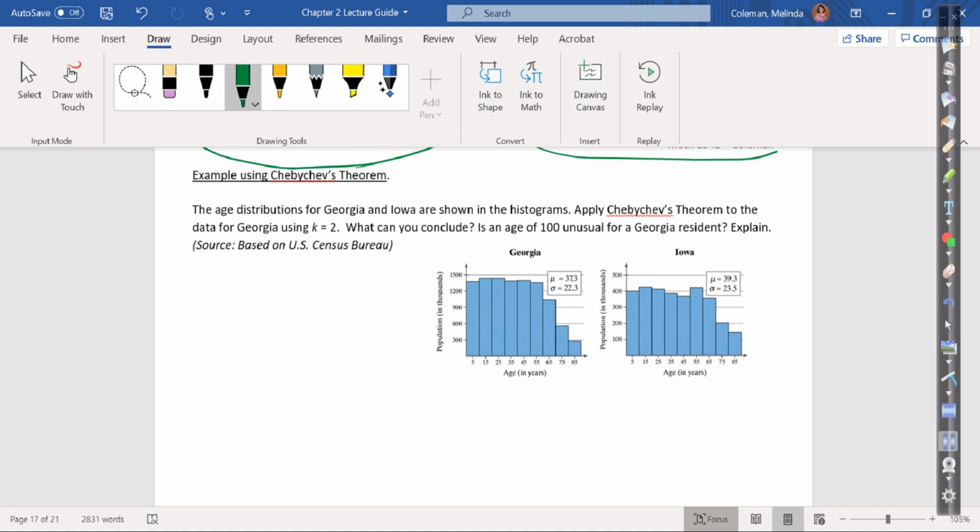All right. So this says we want to know what happens when k is equal to 2.